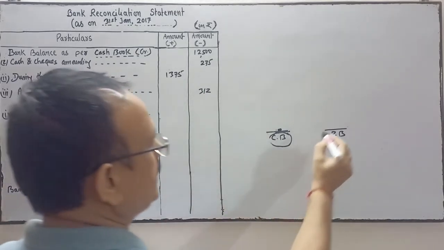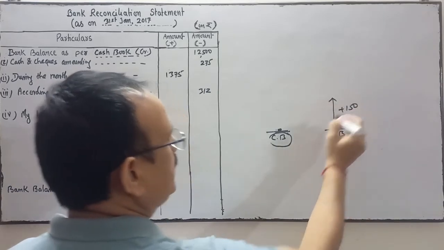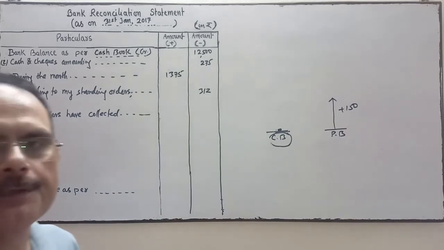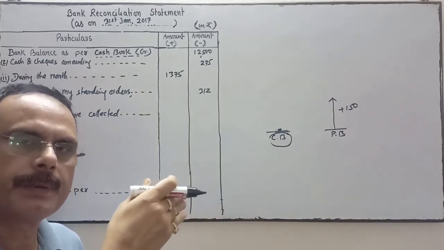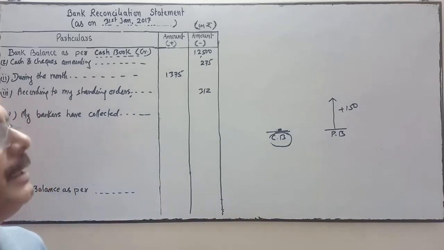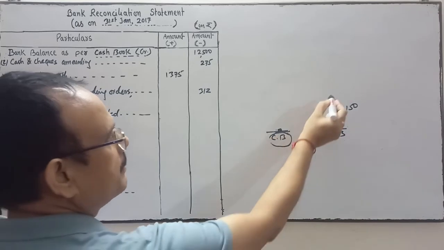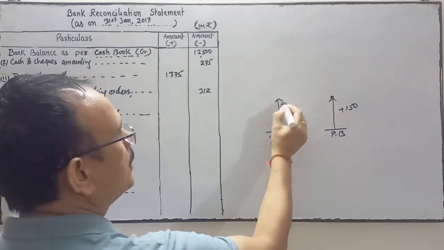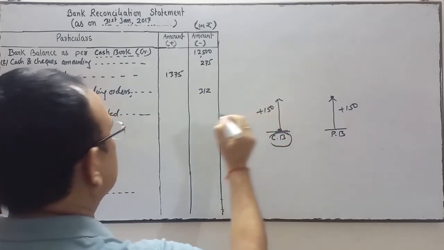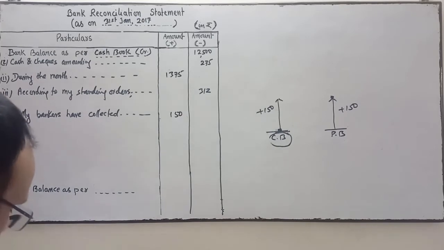The bank has collected 150 dividend. So passbook balance is increased by 150, and if this information is not given to us, it means that dividend is not recorded in cash book in debit side. So cash book balance is not increased. So cash book balance is here and passbook balance is here. To make the balance equal, we add 150 in the cash book.